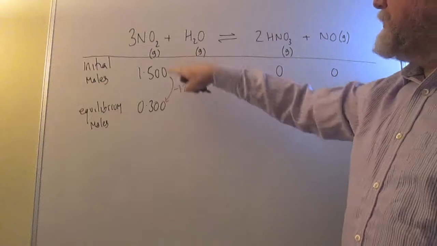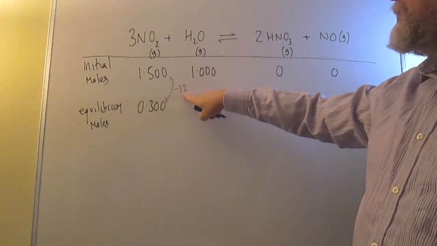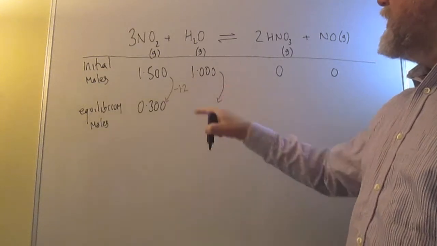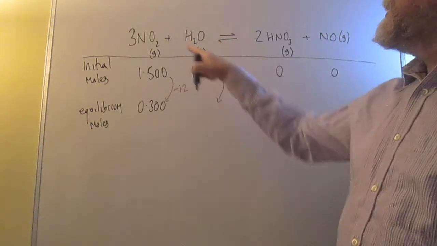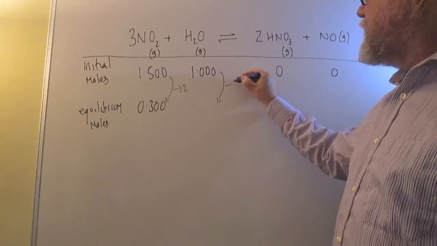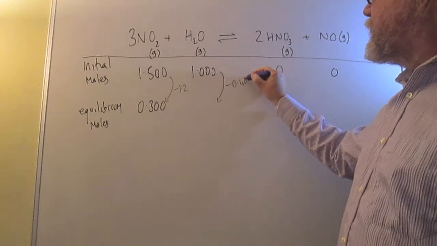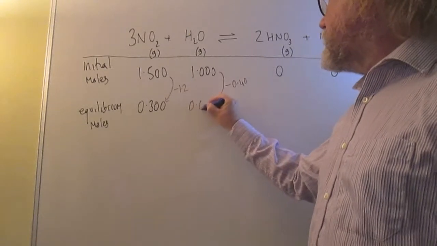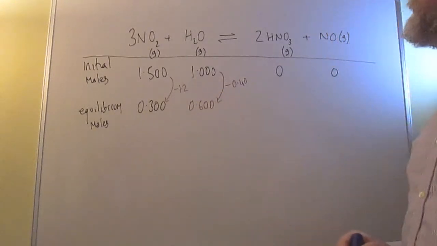And we know that the moles of NO2 that reacted was that 1.2, because that's the amount the moles decreased by. So this will decrease as well, but only by 1/3 as much, because of the 3 in the equation. So that goes down by 0.4 moles, which gives us 0.6 moles of that.